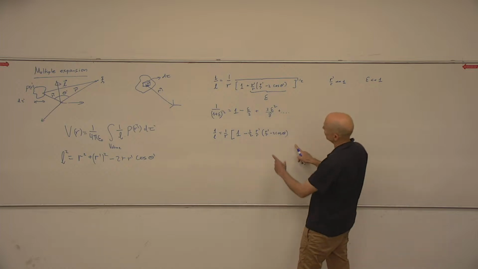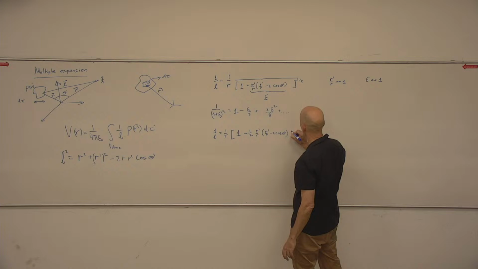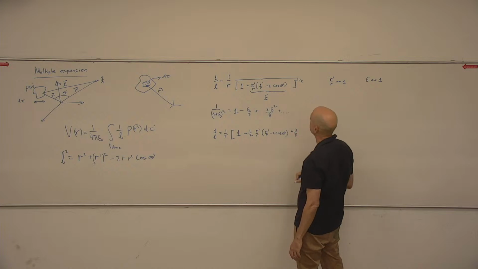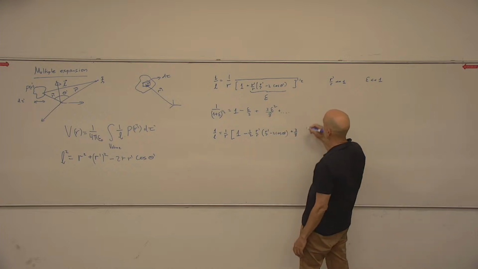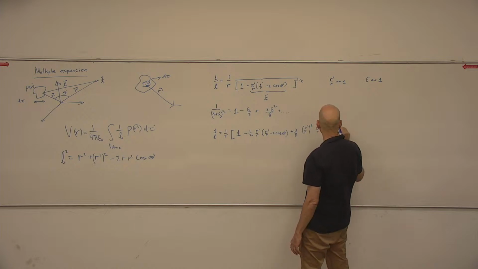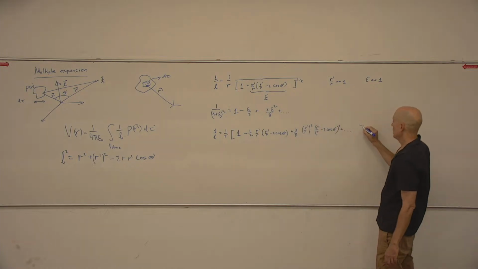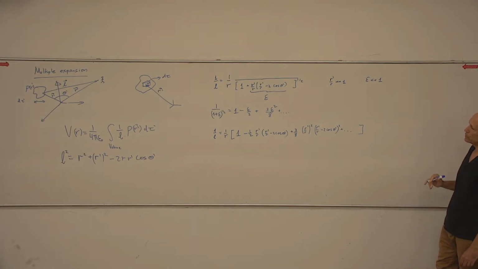This is what I called epsilon, all this thing, and then I have here plus 3 over 8. This is this 3 over 8, and now I need to look at epsilon squared. r prime over r squared, r prime over r minus 2 cosine theta squared, blah, blah, blah. 3 dots for all the rest.